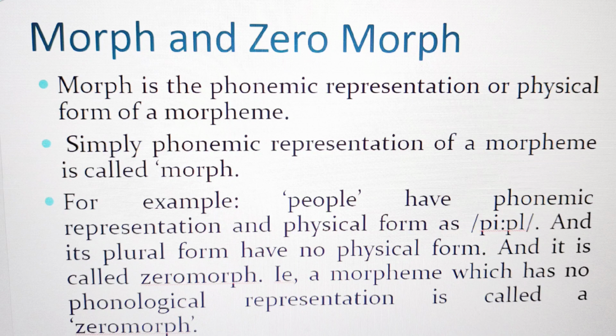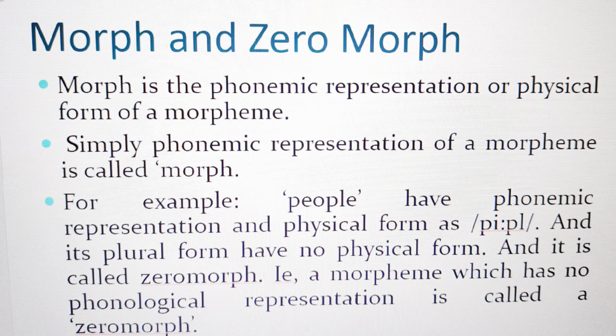Let's look at one example of a zeromorph. Zeromorph literally means that there is no morph, right? Here is the word people, and the IPA transcription is also given. The word people has a phonemic representation and a physical form, as you can see in the IPA transcription, and its plural form has no physical form.